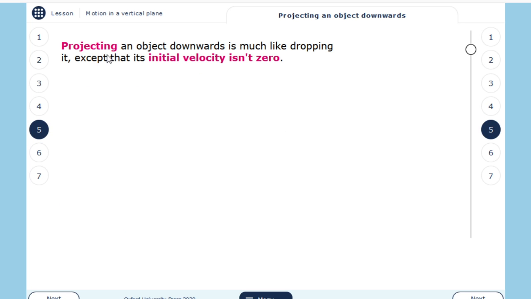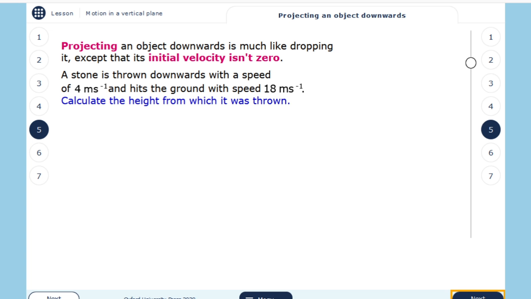Now, projecting an object downwards is much like dropping it, more or less, except that its initial velocity isn't 0. So a stone is thrown downwards with a speed of 4 meters per second. Now you have to understand that I have an initial speed of 4 meters per second, and the stone hits the ground with a speed of 18 meters per second.